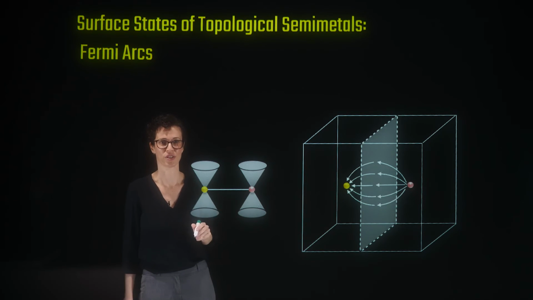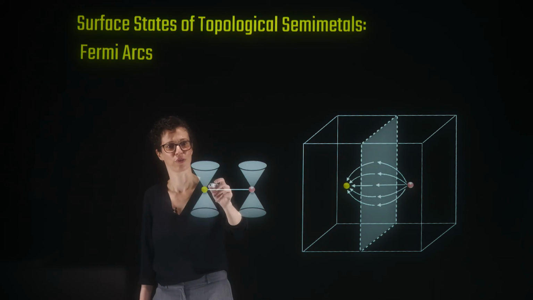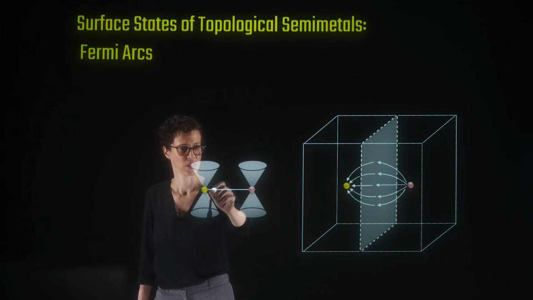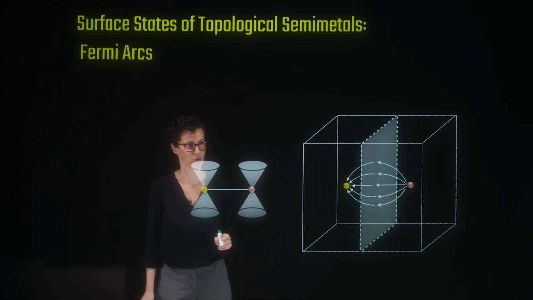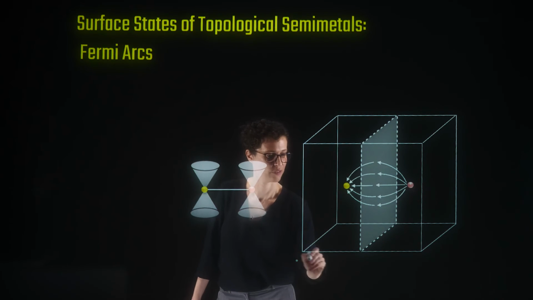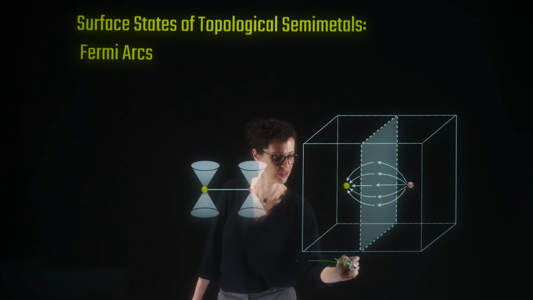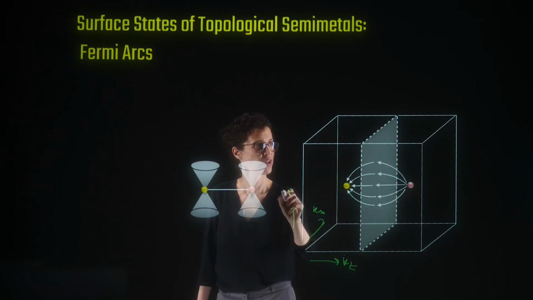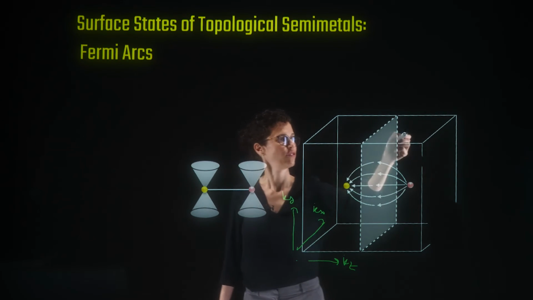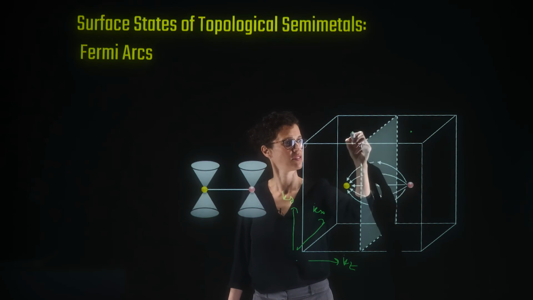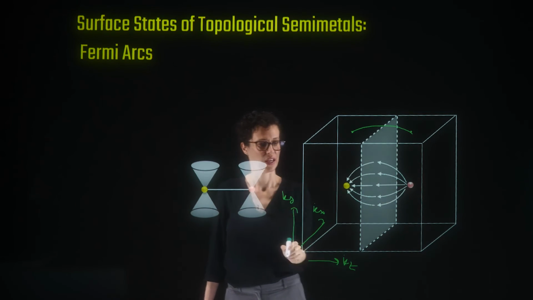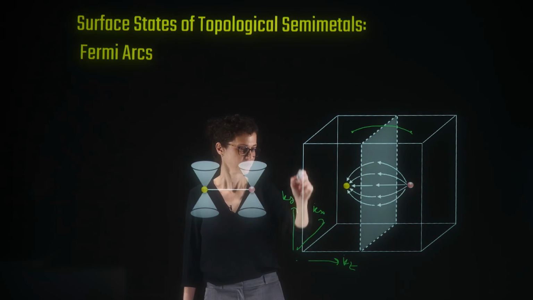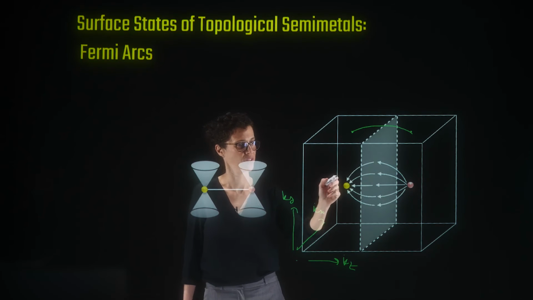If you draw the band structure on an open slab, of course the cones will not be continuous, they will be discretized, but this is just to make the point that the Fermi arc will appear somewhere connecting these two points. So if we determine that the Weyl points are separated along kz, and this is the kx direction, and this is the ky direction, then if I look at the Fermi surface on the surface, it will be a contour extending from one kz to another.